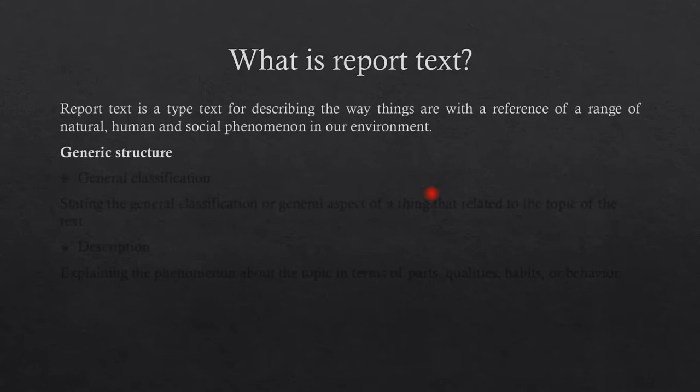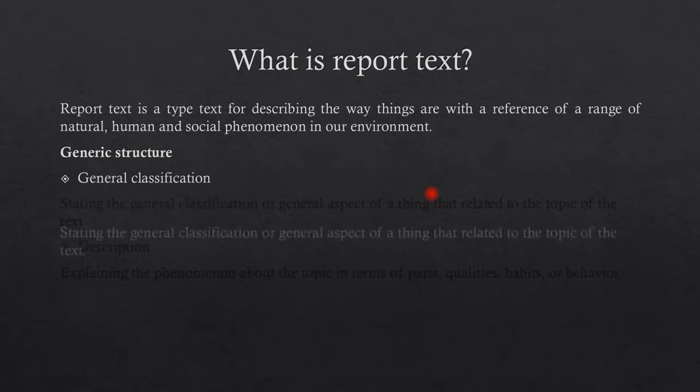Okay, so now the generic structure. The first one is the general classification. In the general classification, you will give general information about the thing that you are going to discuss in the text. For example, if you're going to talk about Siberian Husky, in the general classification, normally you explain about the way they live, the populations, and the habitat, something like that.